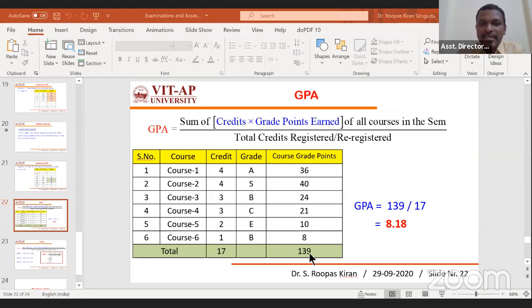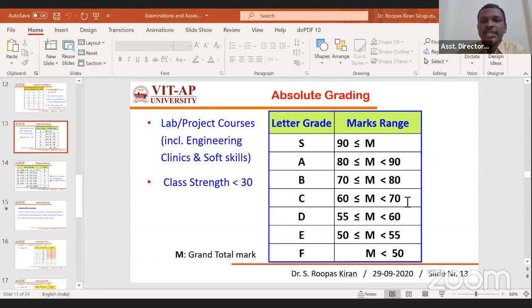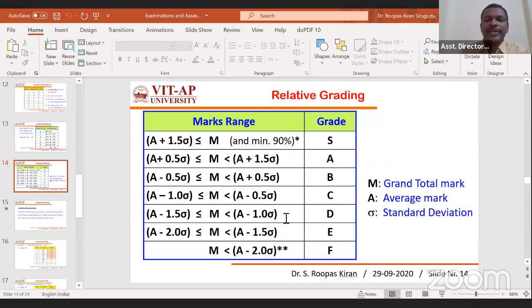So here 139 plus 3, like 142 will be there. 142 by 17, that's a little bit higher number. So like that, the grade will be changing according to the maximum mark you are scoring, and for that, the boundaries are important. These boundaries are for the absolute grading approach, but they change class to class according to the relative grade approach.